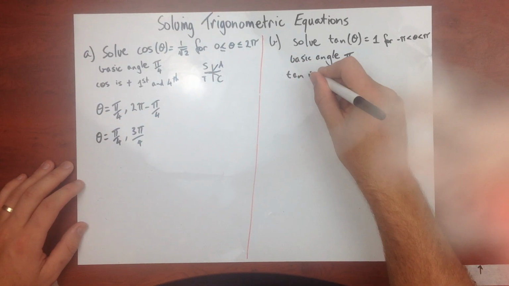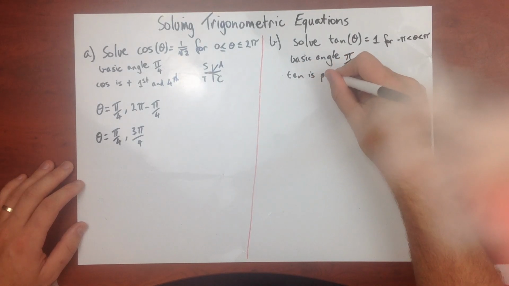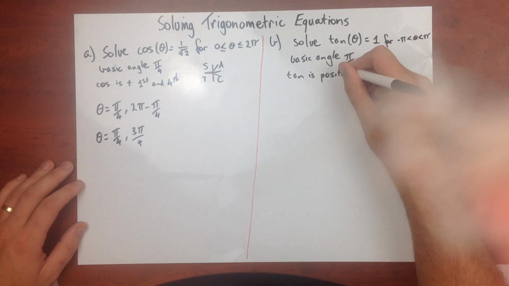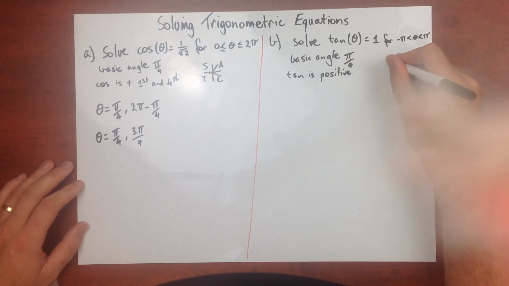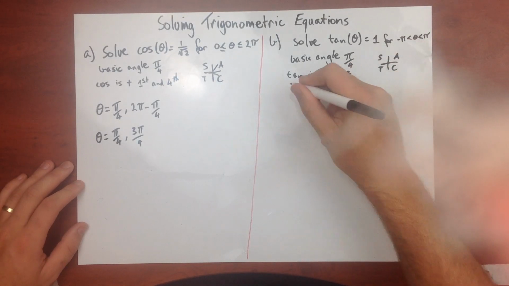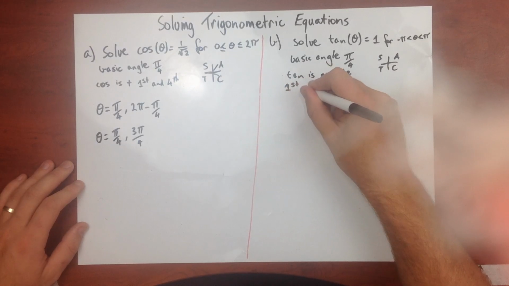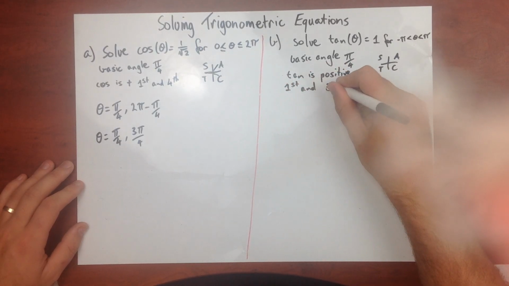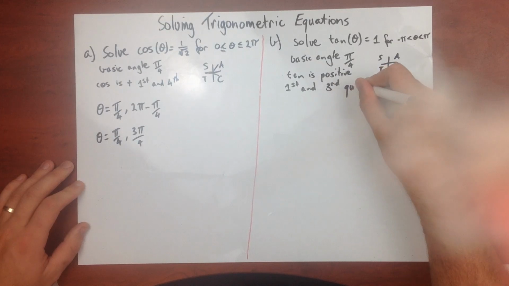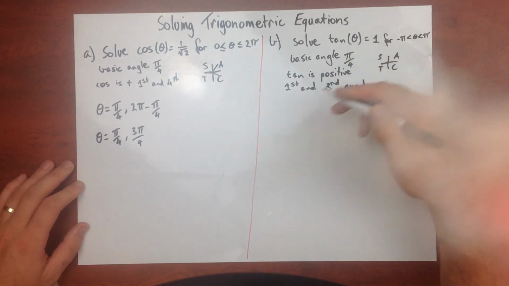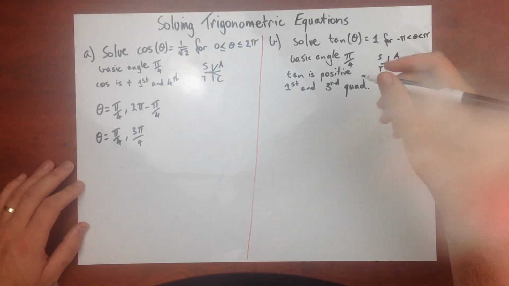Tan is positive, again think of our unit circle, CAST, in the first and third quadrants. We're looking at the first and third, but we've got to take care of this domain a bit.